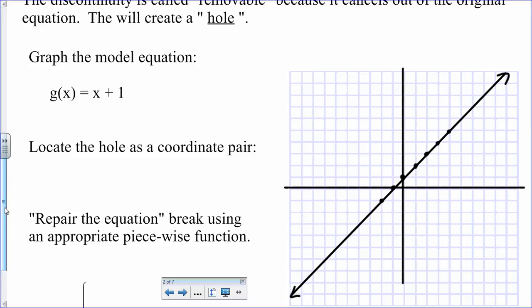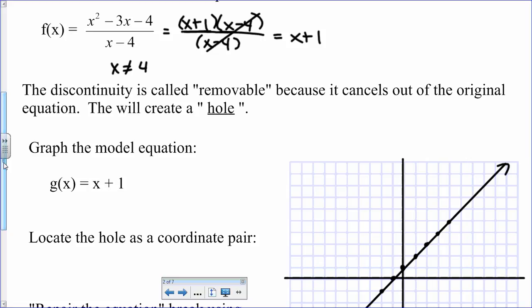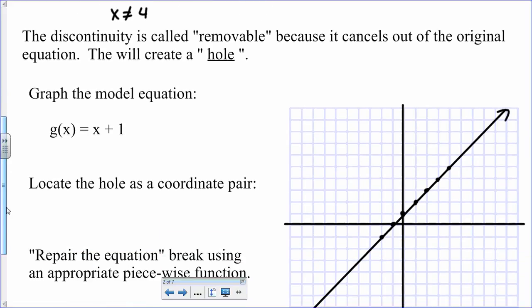Okay, well, I know there is a hole there somewhere, and so I want to locate that. I know the hole occurs where x equals 4. So I put 4 in to see what the y coordinate would be there. So you plug it into the simplified one.